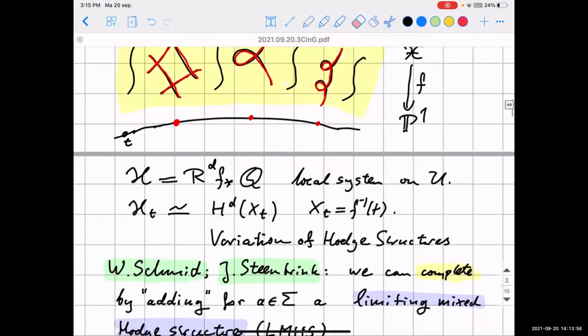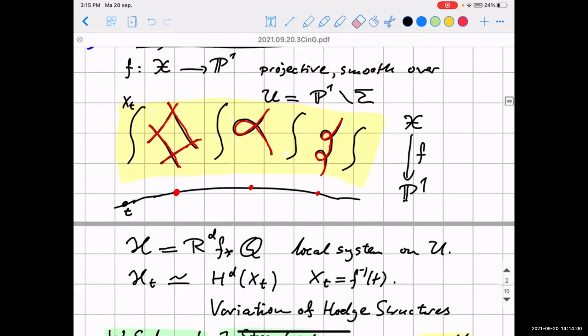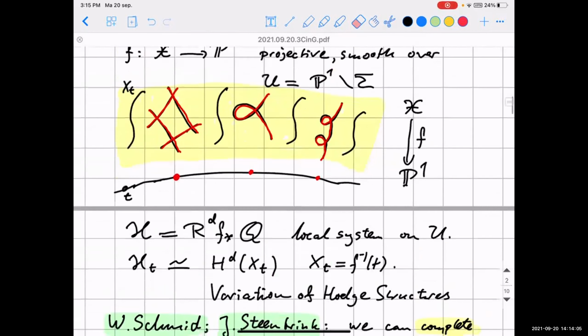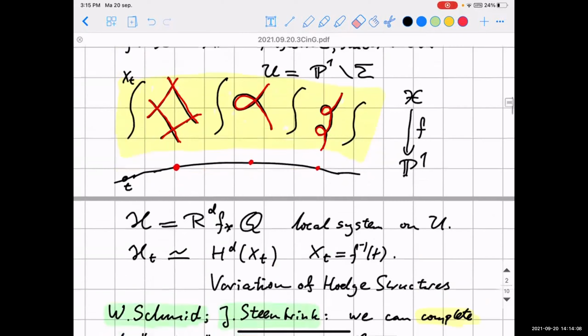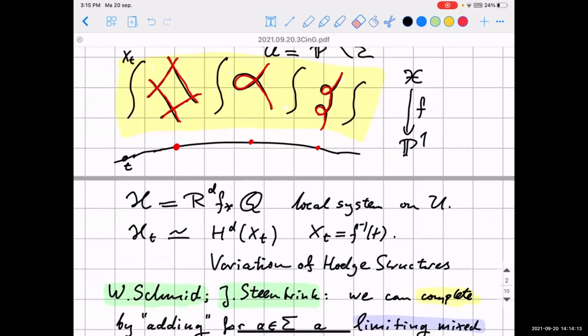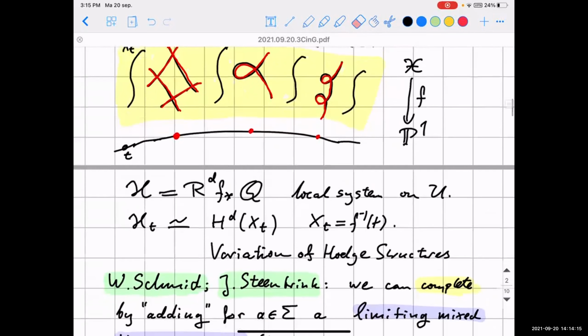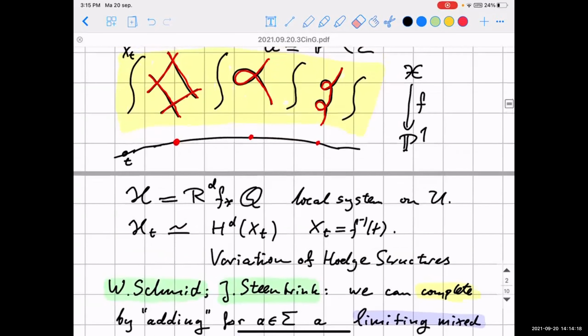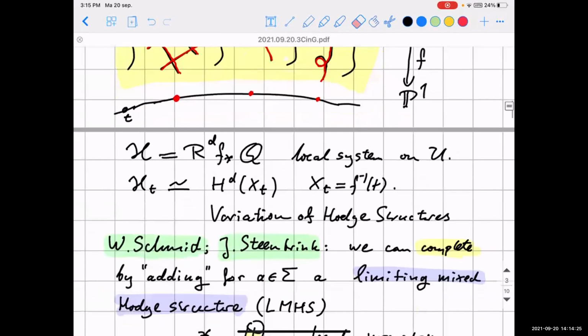And in the examples where I'm interested in, it's a variation of Hodge structures with Hodge numbers 1, 1, 1, 1, as I mentioned before. Now, this leaves out these special points where you have a degeneration, these red points, but it is a very classical result that one can complete this family over the open part by adding, for each singularity, each point of this set Sigma, a so-called limiting mixed Hodge structure.